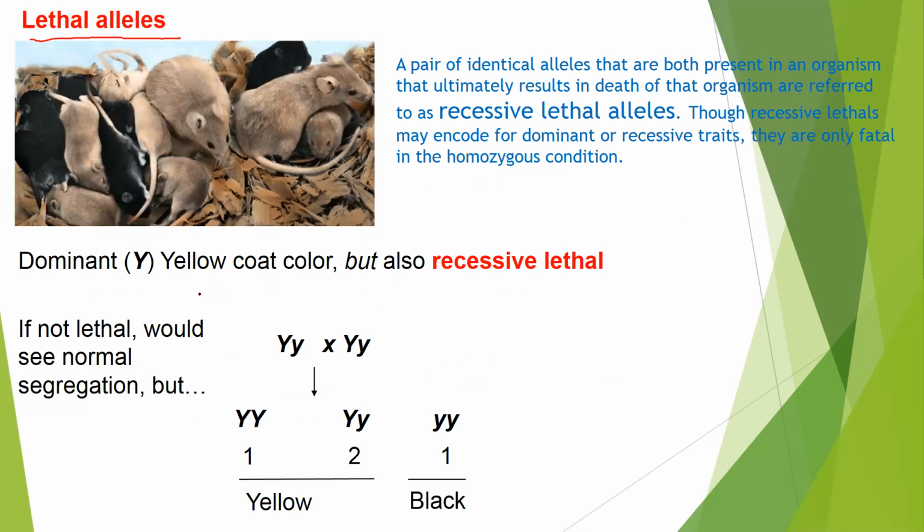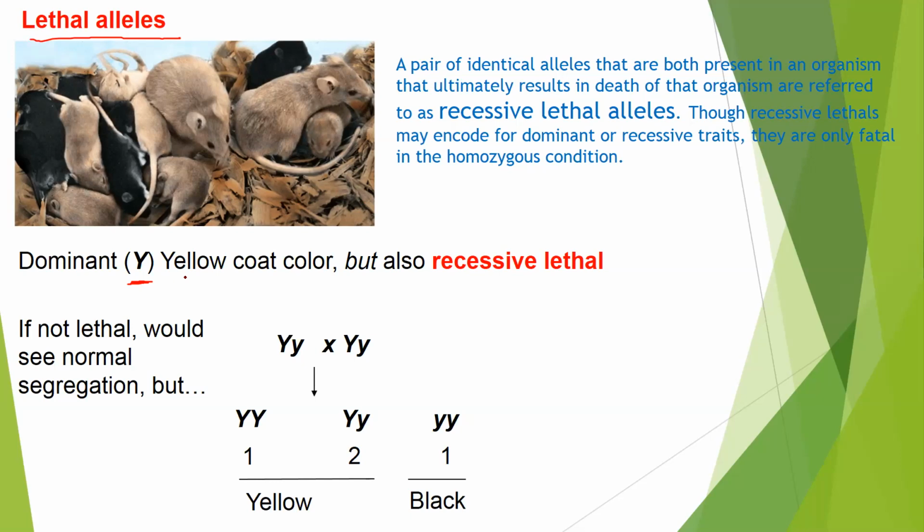All right, so there's one gene, the Y gene. When we look at this Y gene, the big Y and the small y, first this gene is a pleiotropy gene, which means this gene can produce more than one phenotype. So first this gene can determine the coat color of the mice.